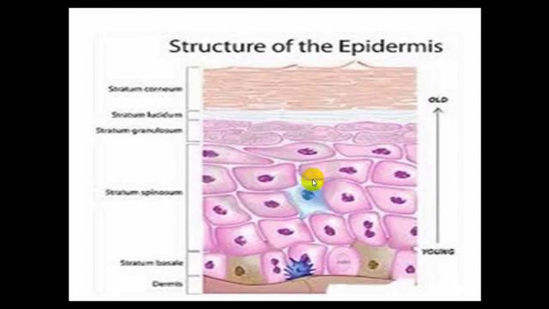Also, there are basally located keratinocytes, and it's also mitotically active. So these two, stratum basale and stratum spinosum, together are called the Malpighian layer because they are responsible for the turnover of the epidermal keratinocytes.